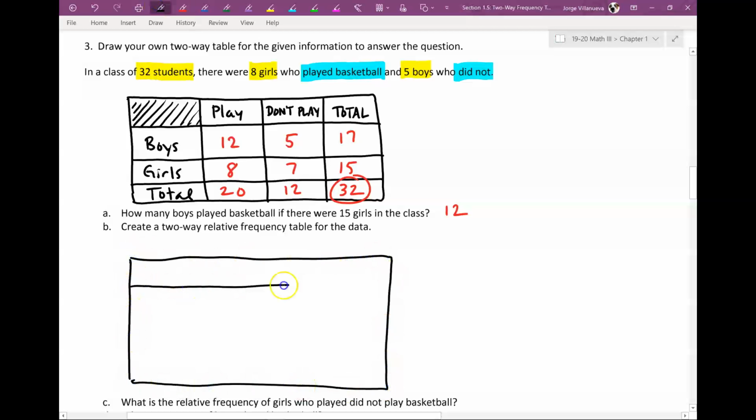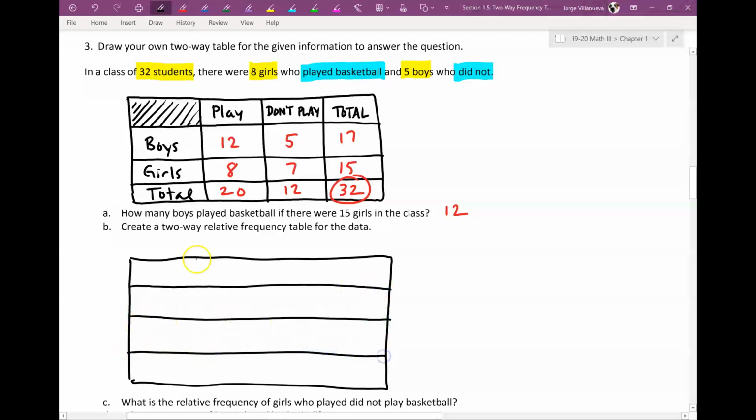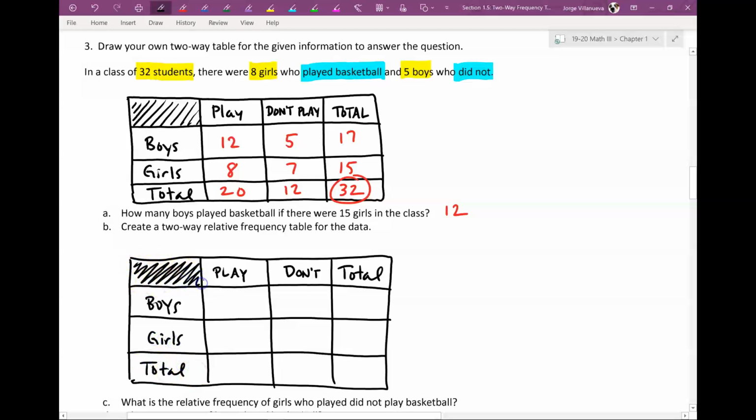So I need 4 lines here and 4 lines here. Actually, I just need 3. This will be total. I'm going to put don't. This one's going to be they do. Is boys, girls, total right there. We're not going to use that.